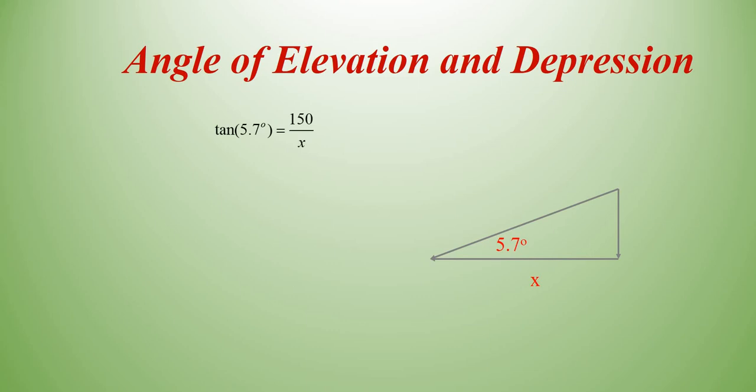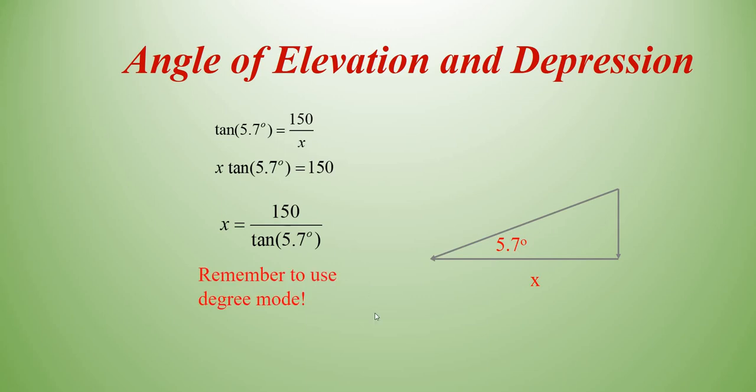Cross multiplication, we get x times tan 5.7 equals 150. Dividing both sides by tan 5.7, we get the length of x equals 1503 feet.